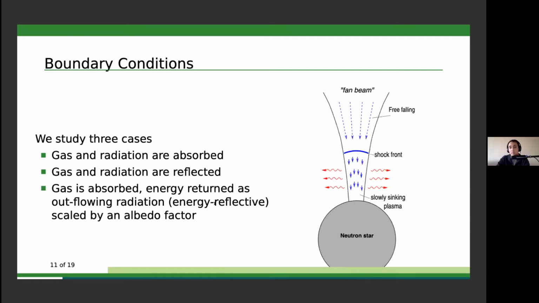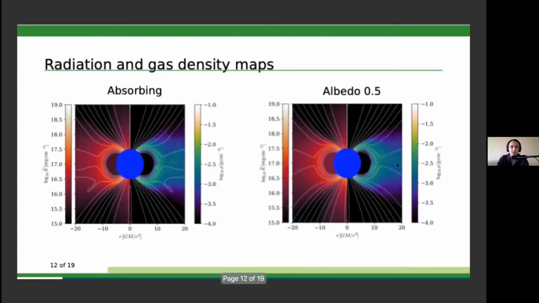So the third boundary condition is sort of an energy reflective boundary where we measure the inflowing flux of radiation and gas energy, and we return that energy as radiation flowing out of the star, scaled by some albedo, because we can account for different amounts of the energy being absorbed by the star.